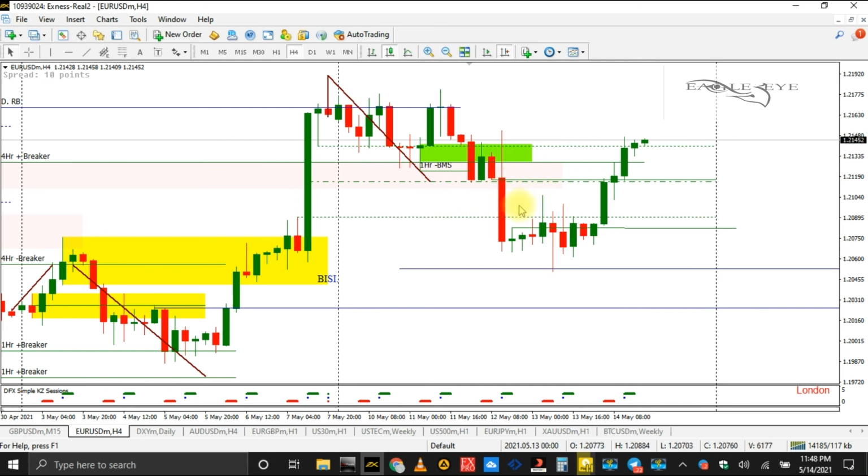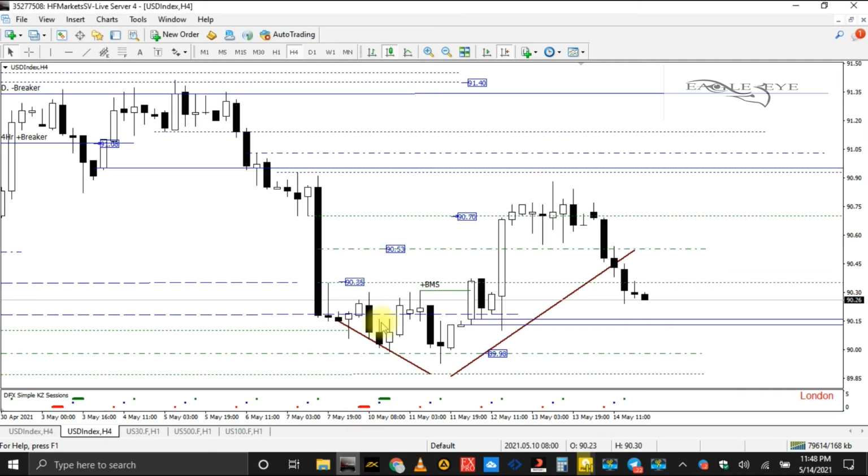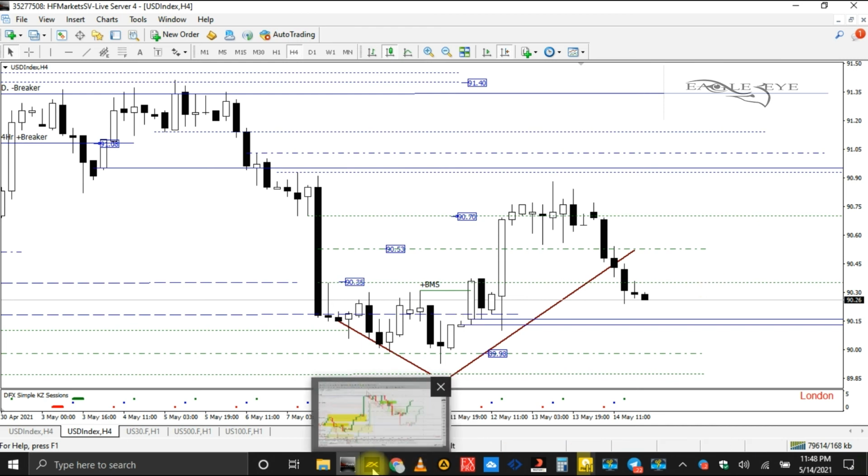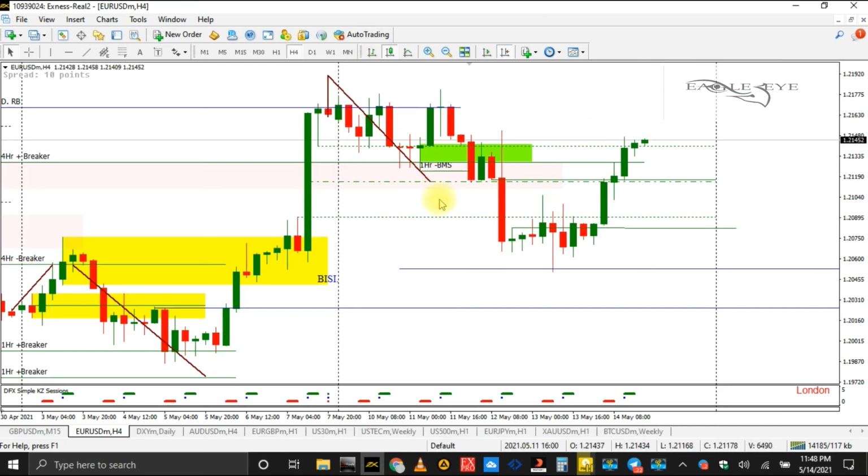So as I said, I'm expecting the dollar index to move higher. Probably you might see some bearishness in the EURUSD, not really a signal, but that's what I'm expecting.